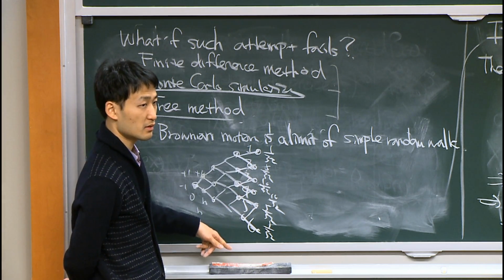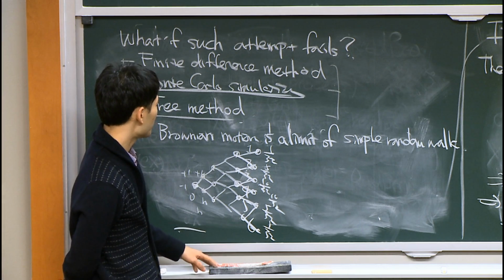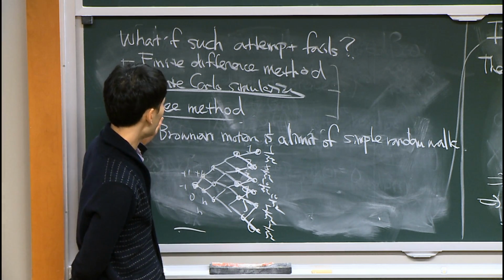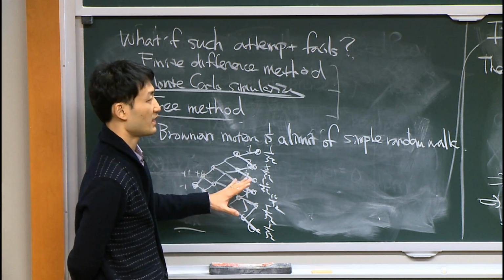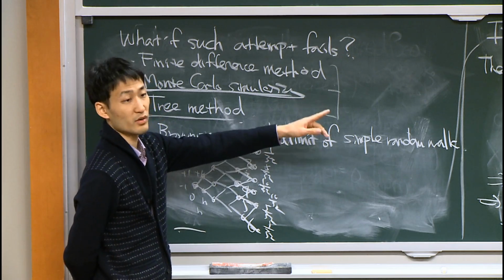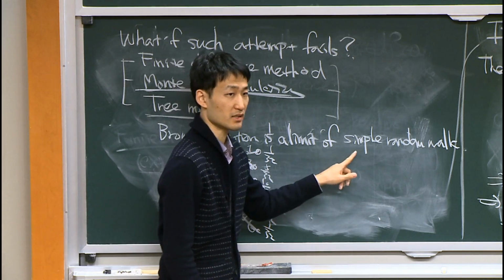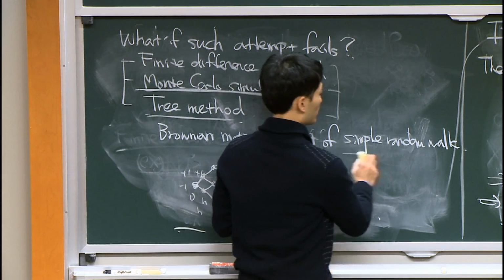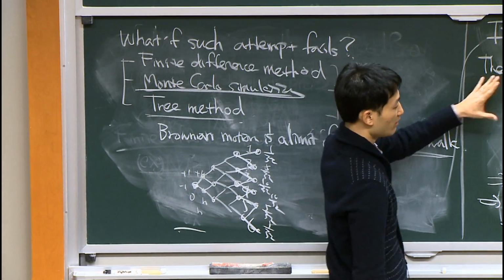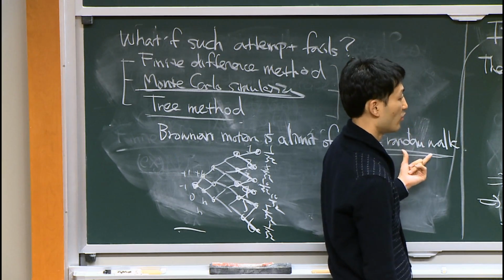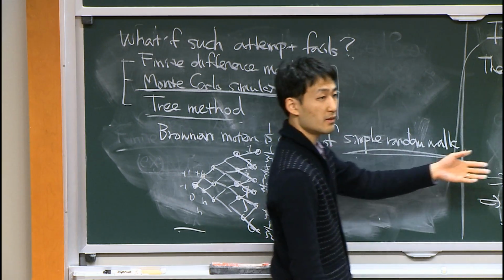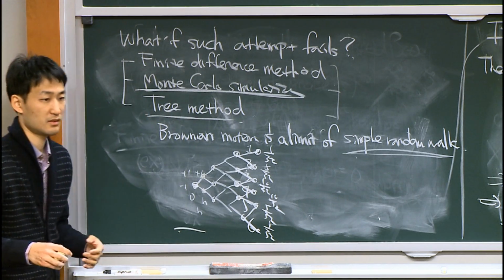Okay. So maybe I didn't explain it that well, but basically tree method just says you can discretize the outcome of the Brownian motion based on the fact that it's a limit of simple random walk. So just do the exact same method for a simple random walk instead of Brownian motion, and then take it to the limit.